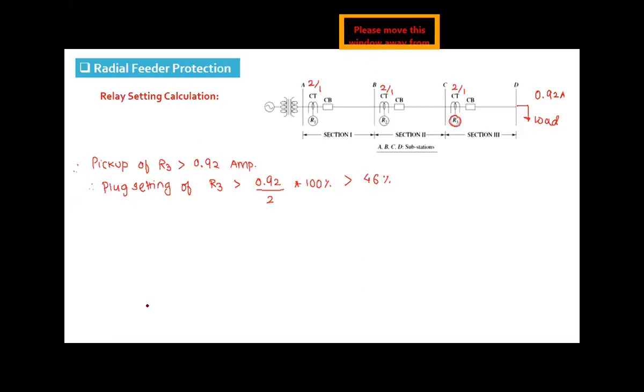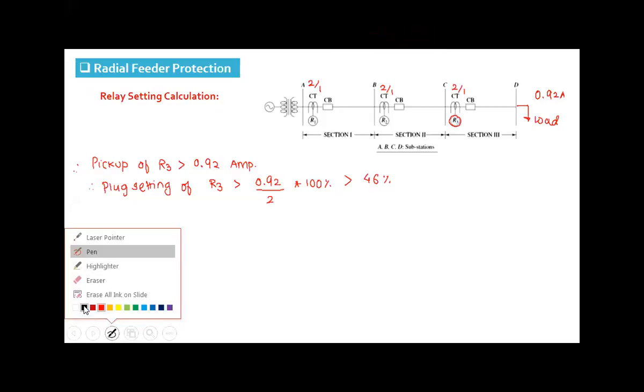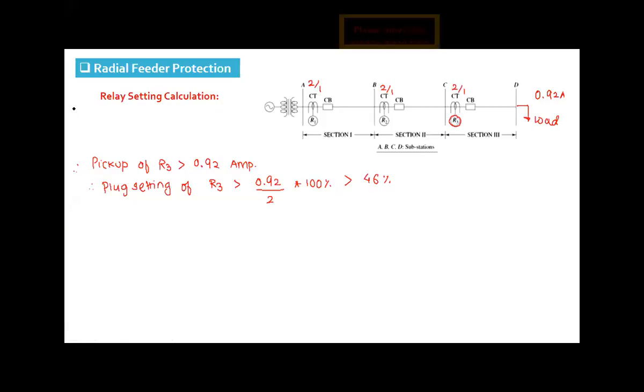Okay, we have phase relay. What is the range in phase relay? Plug setting का range याद है किसी को phase relay में? What is the range of plug setting in phase relay? फेज रिले में प्लग सेटिंग का रेंज क्या रहता है?